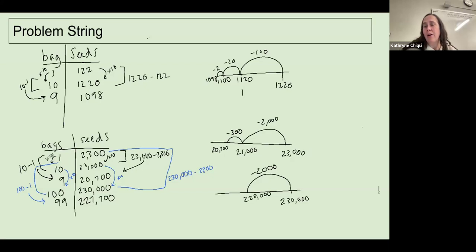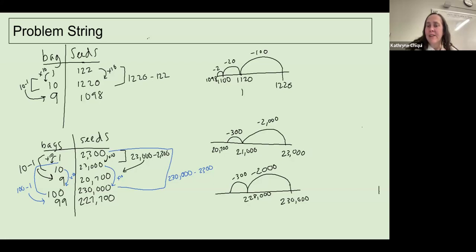And then I have to stop and think about, okay, what was I supposed to subtract? I was supposed to subtract the 2,300. I only subtracted 2,000, so I have the 300 more I have to subtract. So now I can think about my number, 228,000, and take 300 away from that, which we can, again, show on this number line.